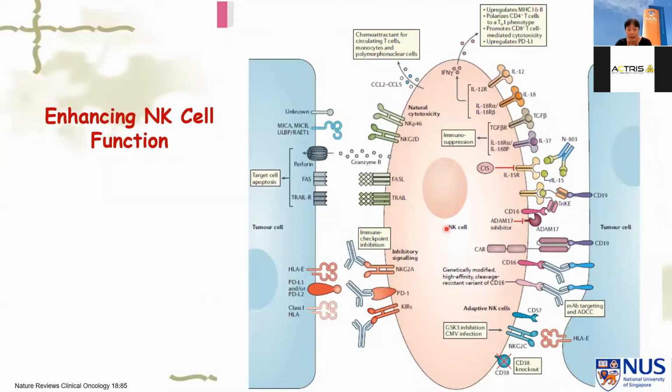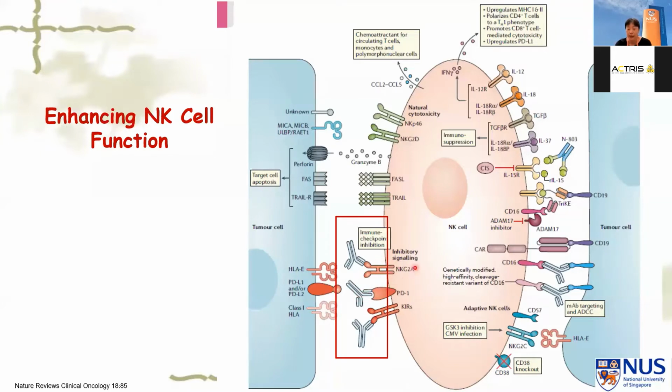This is a busy slide. I hope you don't panic. I just want to point to a few points here. One is that, similarly, NK cells also express PD-1, so anti-PD-1 and PD-L1 antibodies are supposed to work here as well.